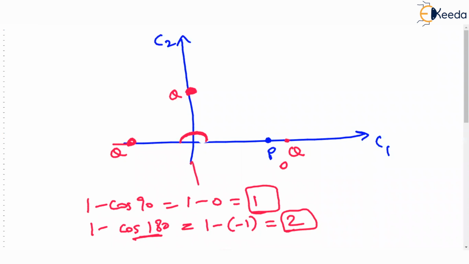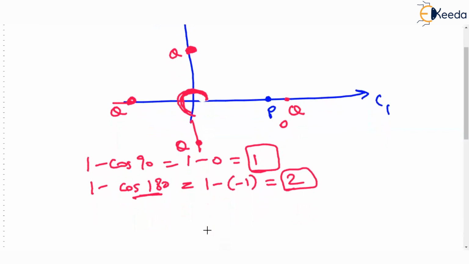Now, what if I move that Q over here? Now, the angle made between P and Q is 270 degrees. Please try to understand, 270 degrees. And cos of 270 degrees is again 0.